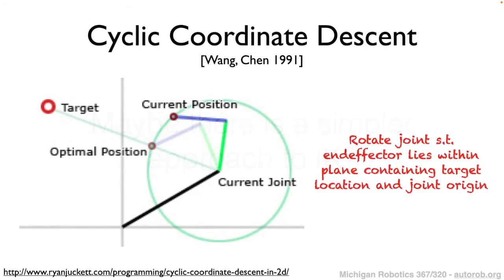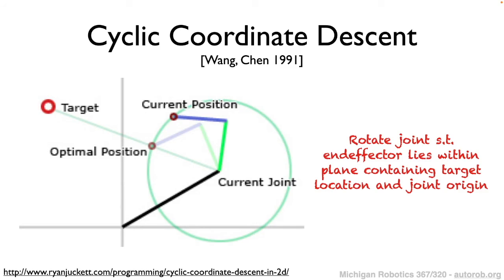And so one that I want to briefly mention is what's referred to as cyclic coordinate descent, which is another variation of inverse kinematics, which has a very nice and elegant conceptual approach to solving the inverse kinematics problem.